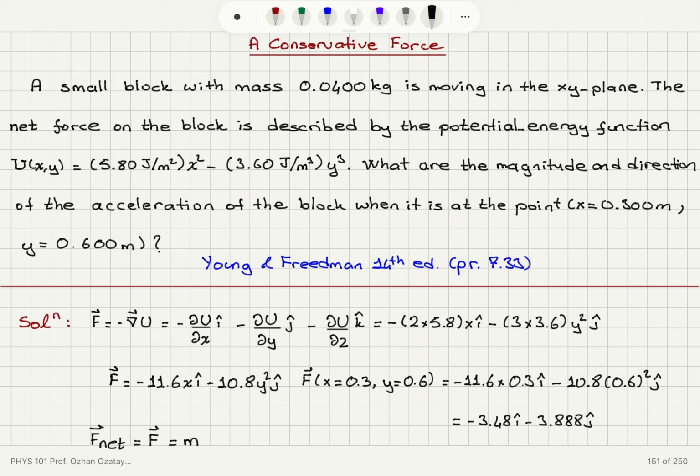And since the net force acting on this block is equal to F, it must be equal to the mass of the block times the acceleration acting on it. So this is 0.04 kilograms times the acceleration of the block.